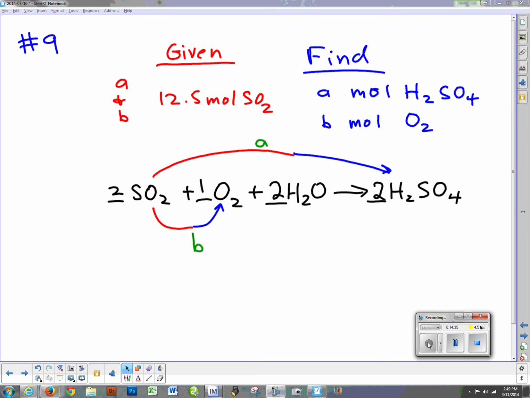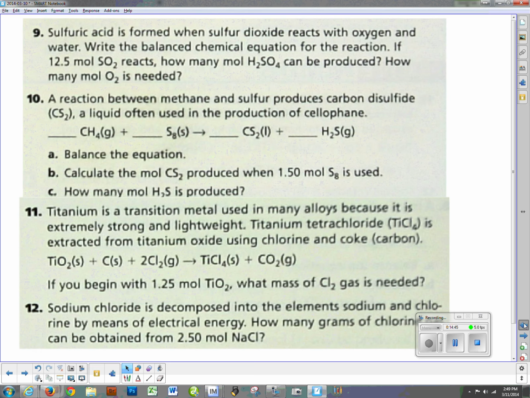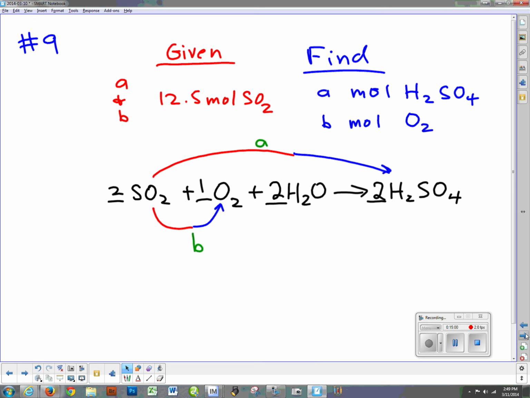Notice that on this first homework problem, on number 9 out of CMC, you have actually 2 problems. When you look over here, they don't even give you, in number 9, there is no balanced equation. So I took the liberty of providing you with that. Okay, so there it is.